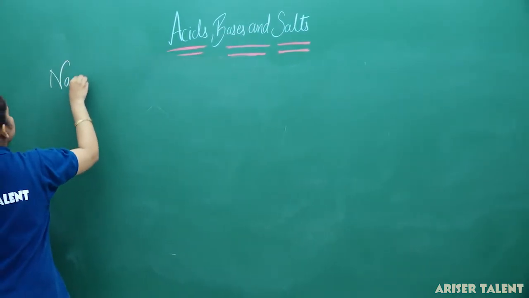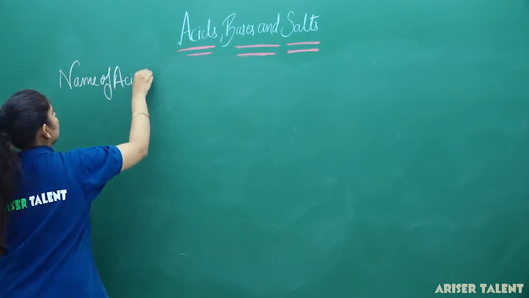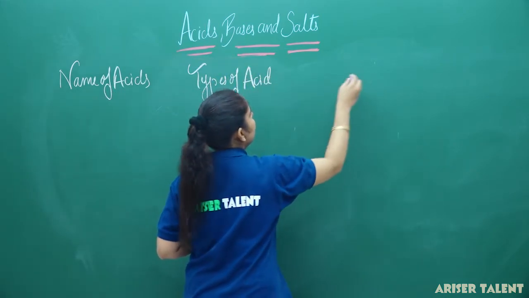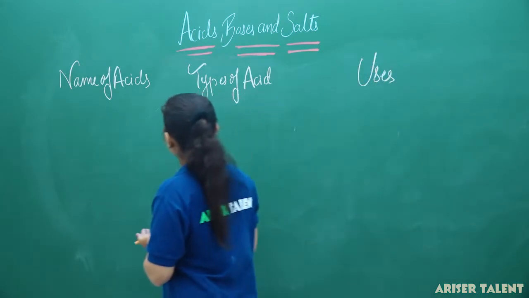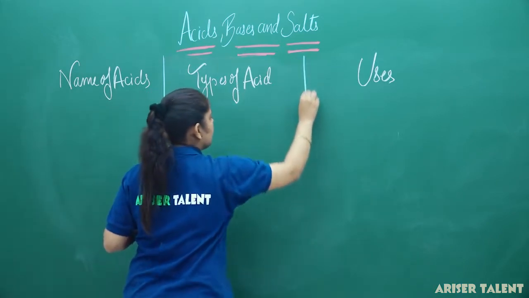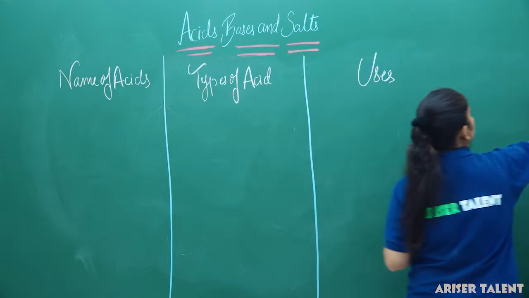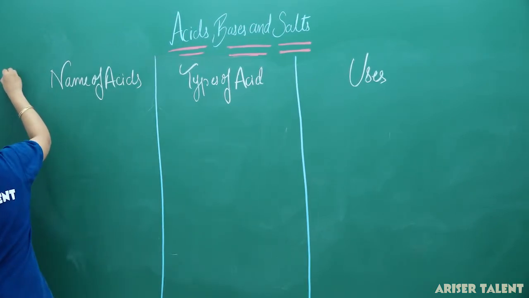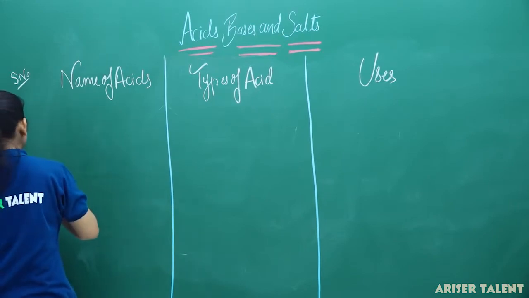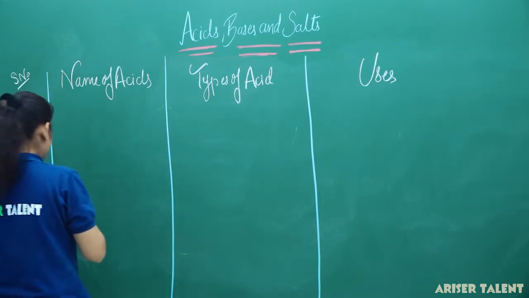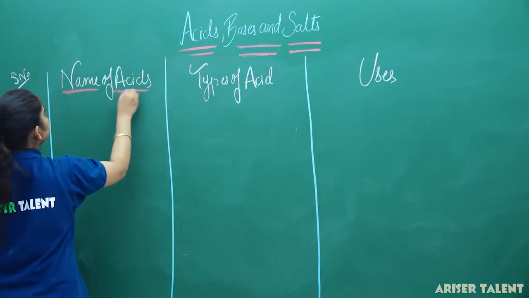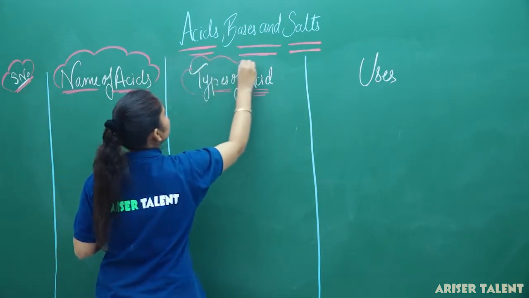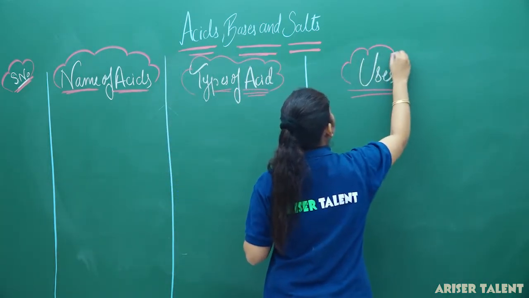Here will be the name of the acid, here we will write its types, and here we are going to write about the uses. Here we will write the serial number.